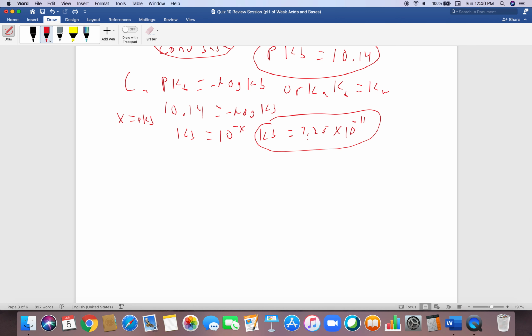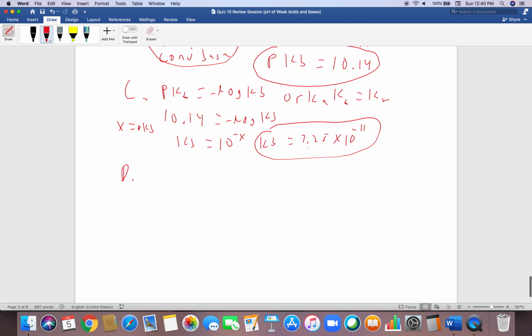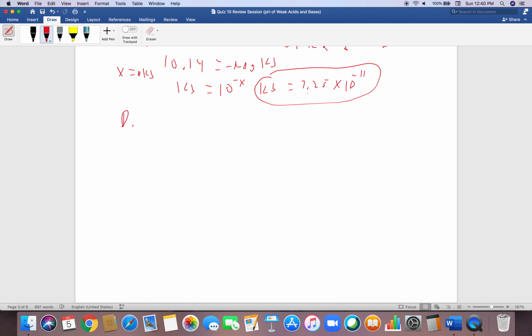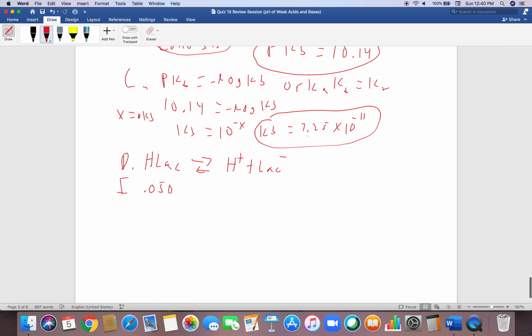Now, in part D, we're asked to find the pH of a 0.5 molar solution of lactic acid. So I'll abbreviate here. Lactic acid is a weak acid, so it dissociates into hydrogen ions and the lactic acid conjugate base. And initially, we have that 0.05 molar that we were given. Oh, it's just 0.5, I believe. Yes, 0.5, that would have been bad. So always check.